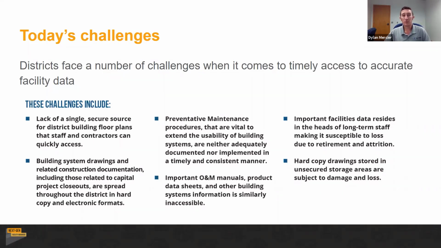Sometimes you can find what you're looking for. Sometimes it's just impossible. Some of these devices and pieces of equipment have unique procedures based off of serial numbers. And sometimes you can only find the generic O&M manuals that cover a product line, not the particular products that you're looking for.